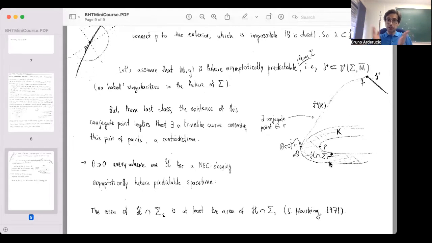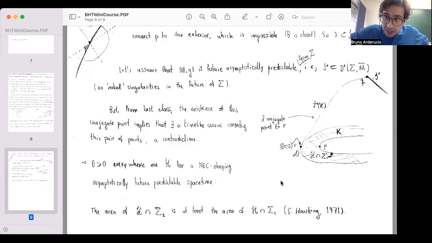There might be new generators coming in, but existing generators can never leave. So any generator that crosses the first intersection, straight H1, has to cross straight H2. And we saw that the rate of change of the area of cross section of this congruence is non-negative. So the only conclusion is that the area of straight H2 is at least the same as the area of straight H1, and that's the area theorem.